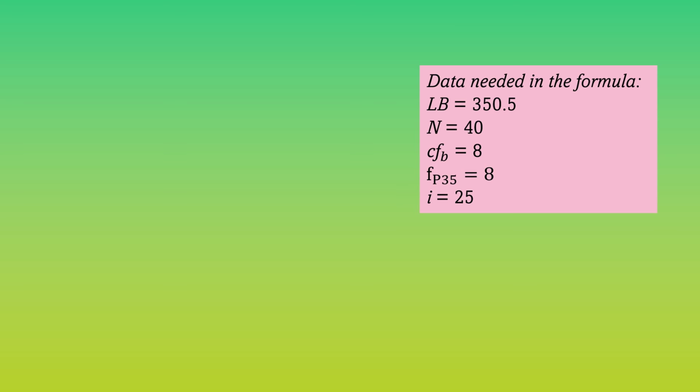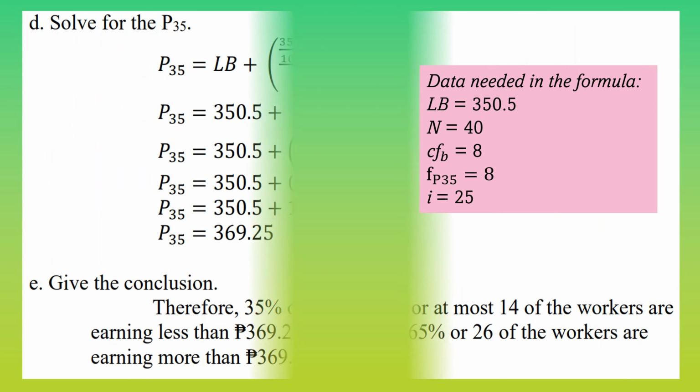Let us substitute the data needed in the formula. LB is equal to 350.5, n is equal to 40, CF sub B is equal to 8, F sub P sub 35 is equal to 8, I is equal to 25.